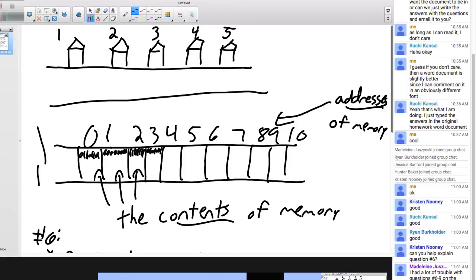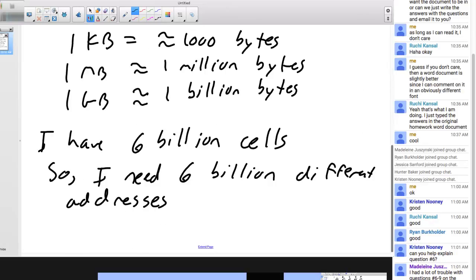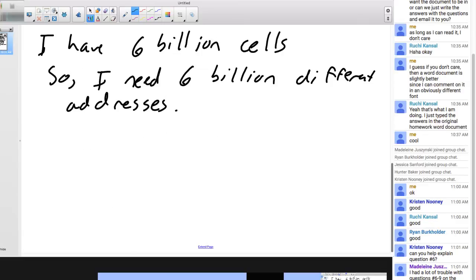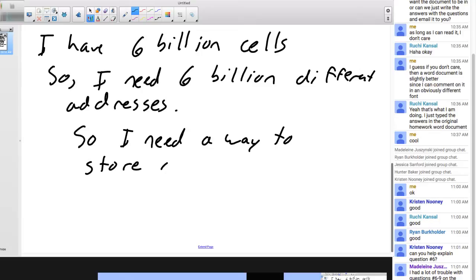But if I did, then I'd have a spot for 0, and a spot for 1, and a spot for 2, 3, 4, a spot for 10, a spot for 100, a spot for 1,000, a spot for 9,473, a spot for 8,396,912, and on and on, all the way to 6 billion, right? So I need a way to store numbers from 0 to 6 billion.